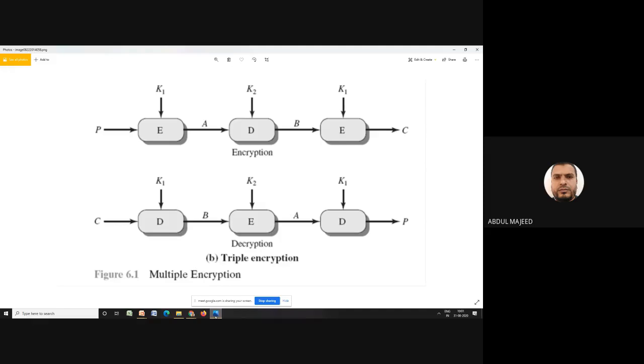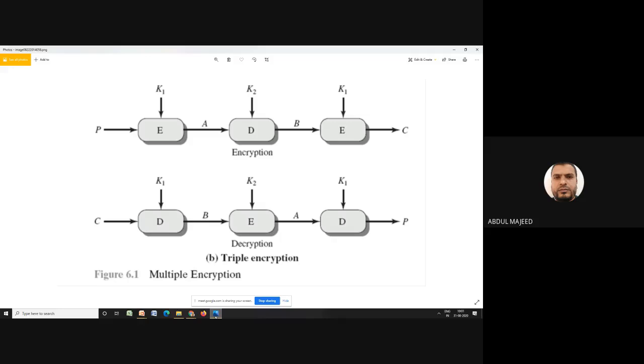First you are encrypting, second you are decrypting with a different key, then third you are encrypting again with the first key or some different key. Then you will get the ciphertext.